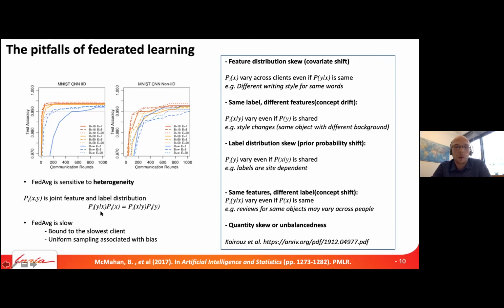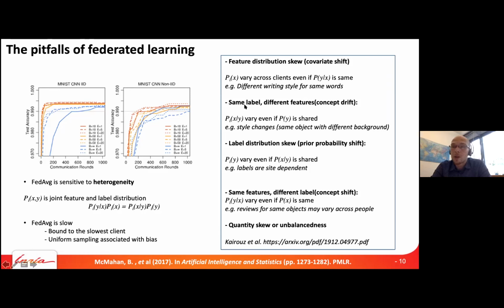Depending on how we factorize this joint distribution, we can identify different kinds of heterogeneity. This could be covariate shift, where the features vary even though the probability of the label given the features is the same. For example, we have the same word, but different writing styles. Every client is a person with their own different way of characterizing the features.